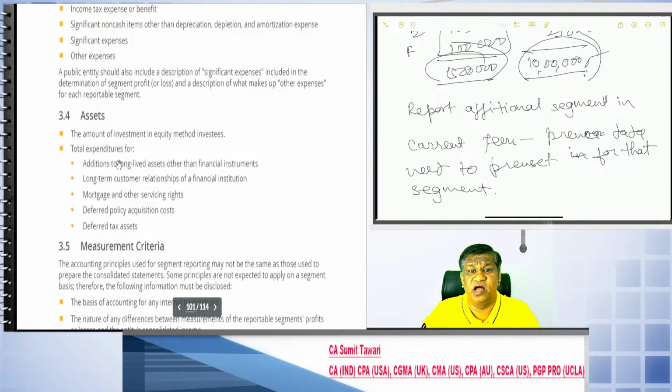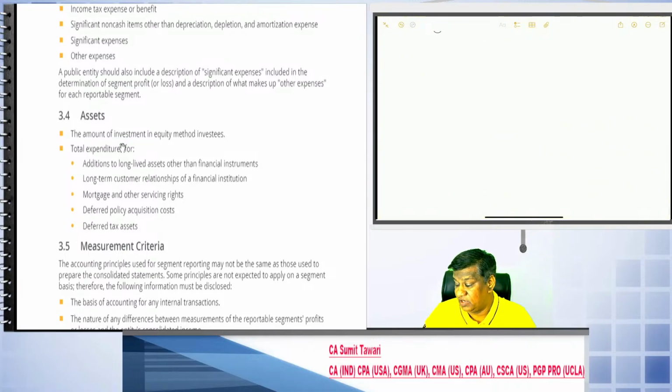Then assets: the amount of investment in equity method investee and the total expenditure for additions to long-lived assets other than financial investments, long-term customer relationships of a financial institution, mortgage and other servicing rights, deferred policy acquisition cost and deferred tax assets. So in assets, we consider only those investments where we apply the equity method. Like we know, there are the cost basis, equity method and the consolidation.